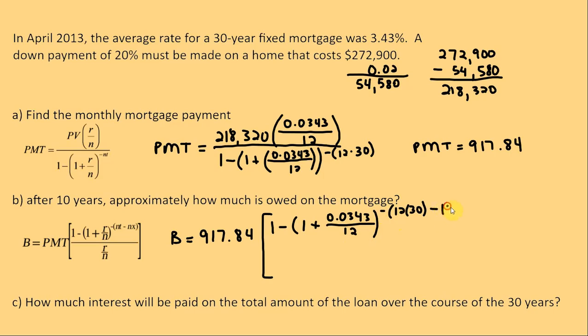It's monthly payments, and we've been paying it for 10 years. So we're going to subtract the 12 times 10. And again, all of that is a negative exponent. And all of this is divided by the 0.0343 divided by 12 fraction.